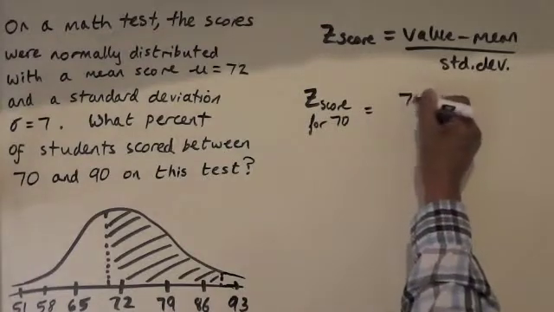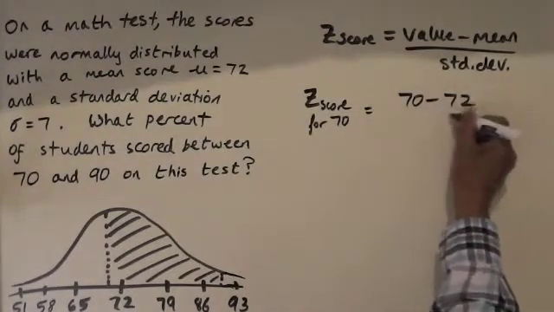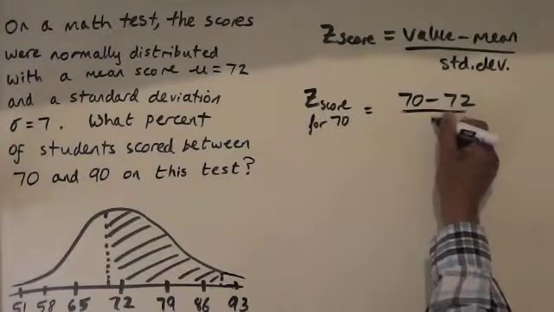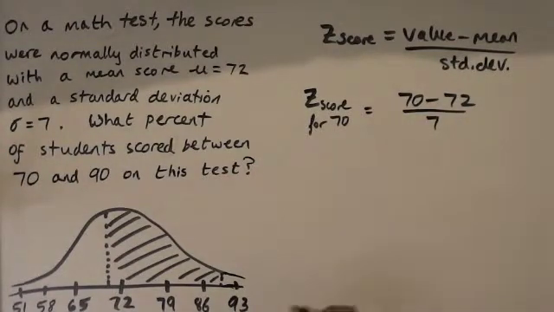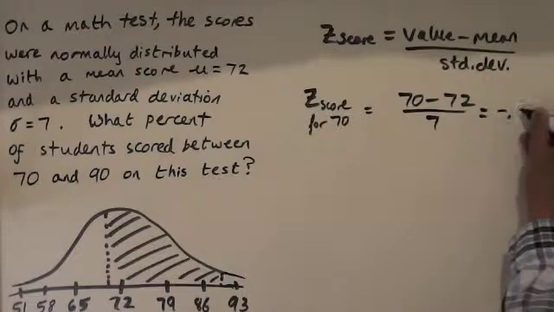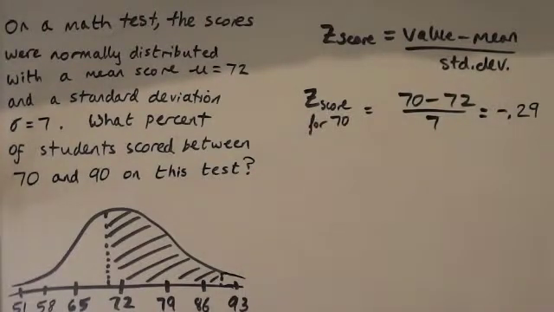That's going to be equal to 70 minus 72 over the standard deviation of 7. And we calculate that out. And we get negative 2/7. That's approximately negative 0.29 if we round it to 2 places.